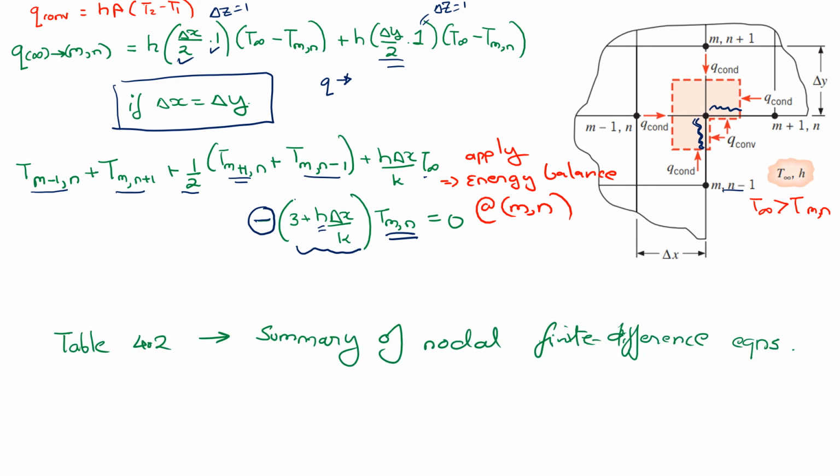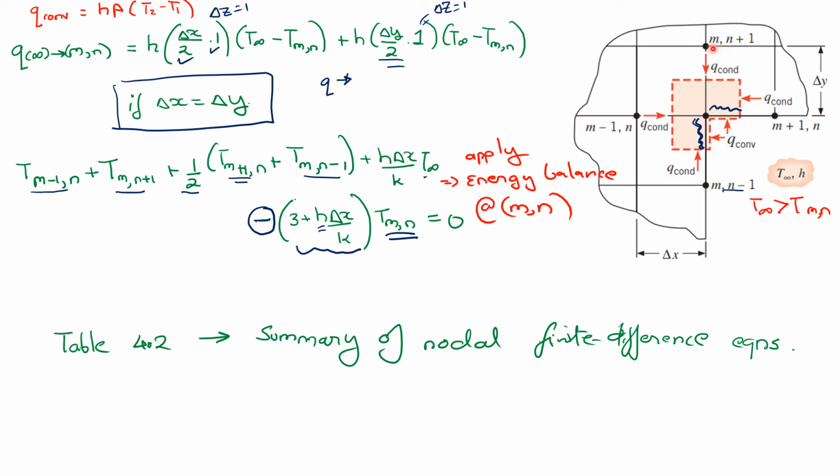so table 4.2 in your textbook has a summary of different types of nodal finite difference equations. It lists a bunch of different equations where you have different boundary conditions and the location of the node is different. So in this particular problem, we had assumed that the node is an interior node. It's partially interior, but one of its surfaces is exposed to air.